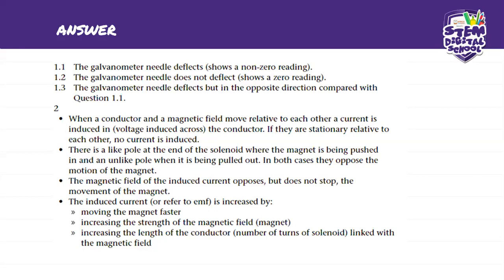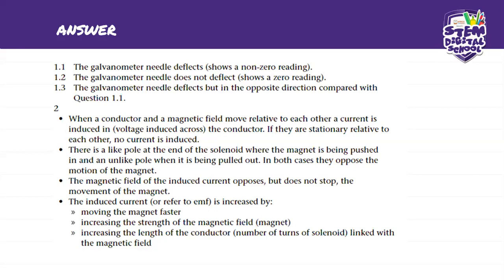So the induced current, or referred to as EMF, is increased by, number one, moving the magnet faster. If we move the magnet faster, our induced current would increase. Second, increasing the strength of the magnetic field; in this case, we'd have to put a stronger magnet. Remember, we spoke about this yesterday.